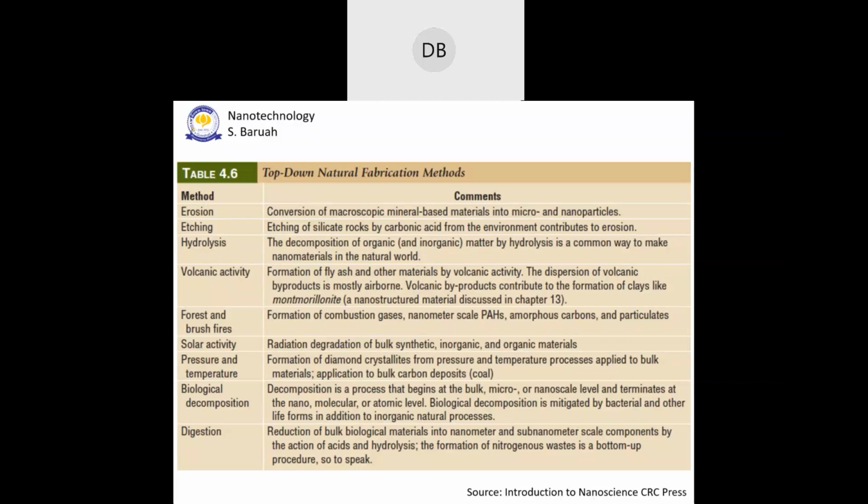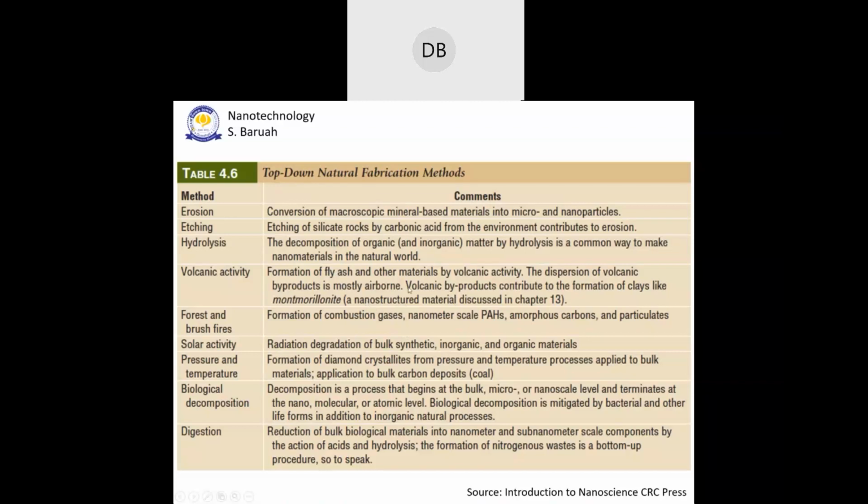Volcanic activity, I already mentioned before that this is the way that a lot of small nanoparticles end up in the atmosphere. Okay? Typically fly ash, right?